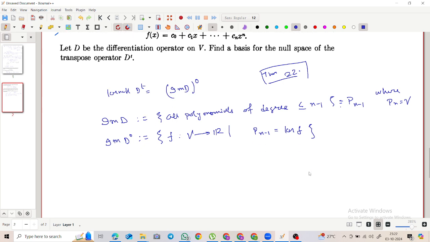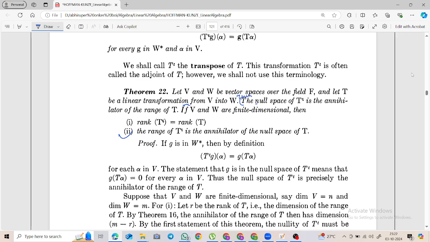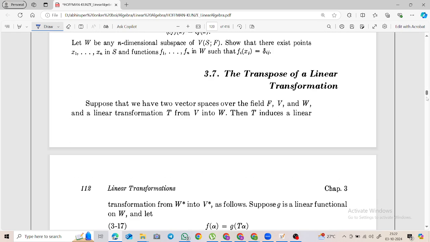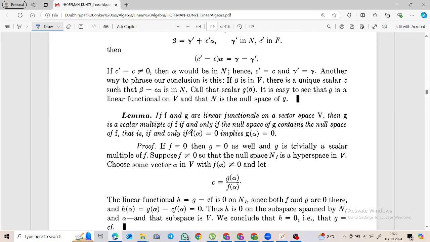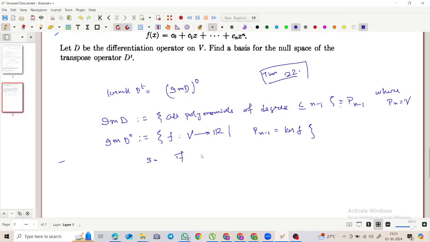But I think we actually know this. We did a similar result: if and only if the null space of G contains the null space of F. So basically, if the kernels are the same, then G is a multiple of F. If kernel F equals kernel G, then F is CG, C belongs to R. So this whole thing is generated by a single F naught, because every element has Pn minus 1 as kernel.